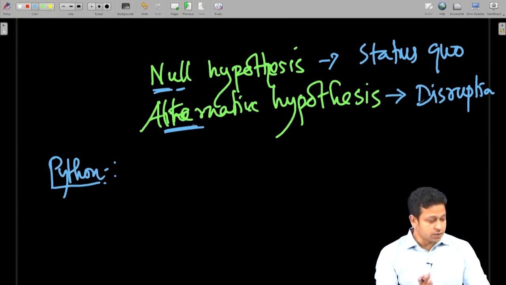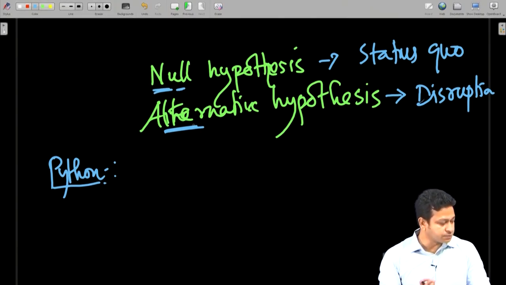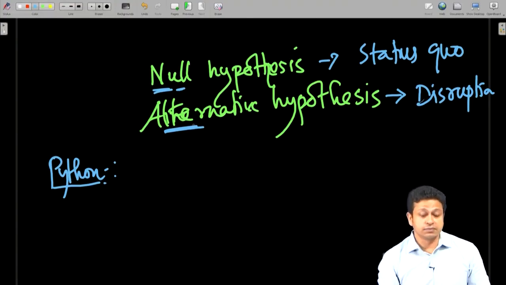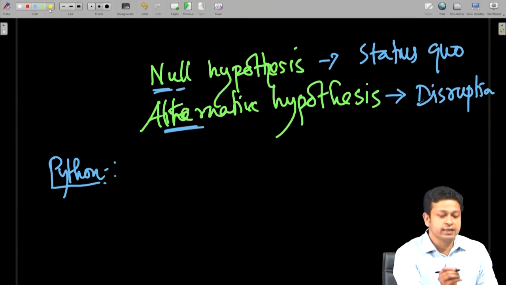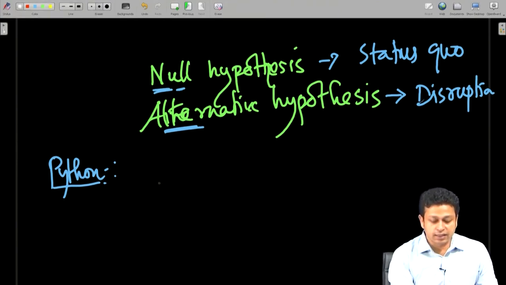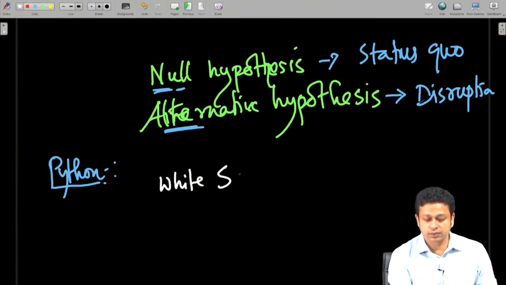Okay. So, with this we have some convention as to how we talk about null hypothesis and how we talk about alternative hypothesis. But before I get there, let me give you an example, and this example is of the white swan.